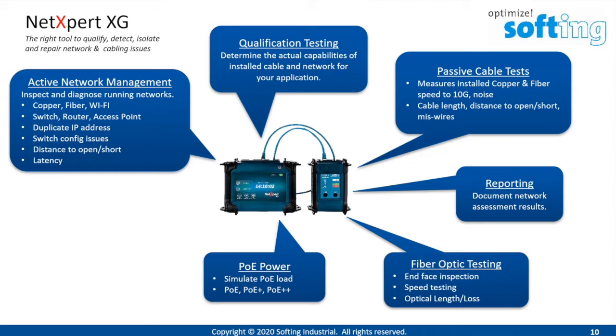So our NetXpert XG is portable, with a large touchscreen, so it's easy to use. It has qualification testing, passive cable testing with distance to fault, the ability to do active layer 2 network testing, test Power over Ethernet, and also has the option for fiber optic testing, which hopefully we'll be able to see a live demo of in a few minutes.